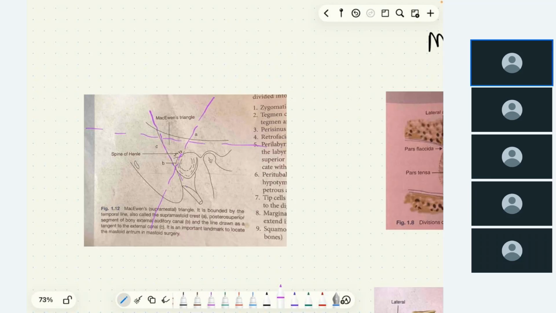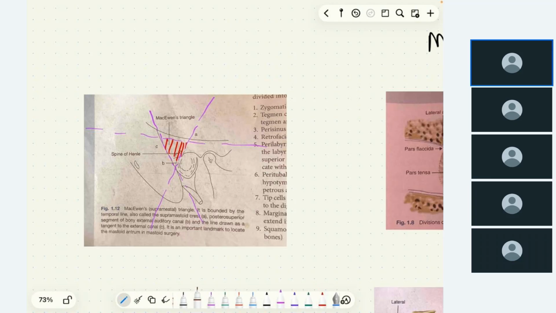This is called McEwen's triangle. This is important in surgery to locate the mastoid antrum. As I already told, it's the area beneath which the mastoid antrum, the biggest of the mastoid air cells, is present. I hope, Sahil, you understood what McEwen's triangle is. Let me summarize it once again.